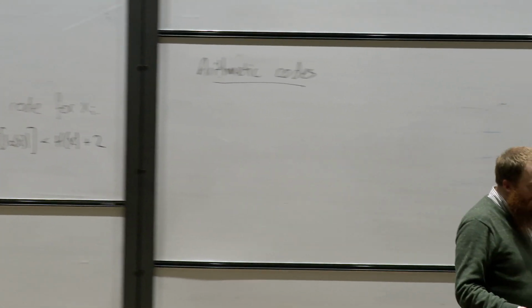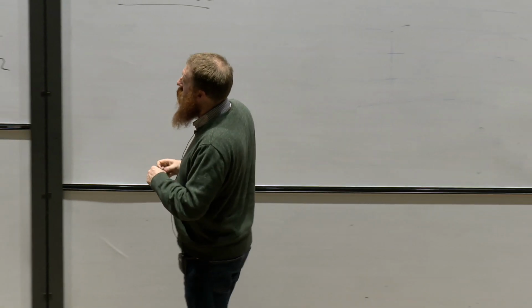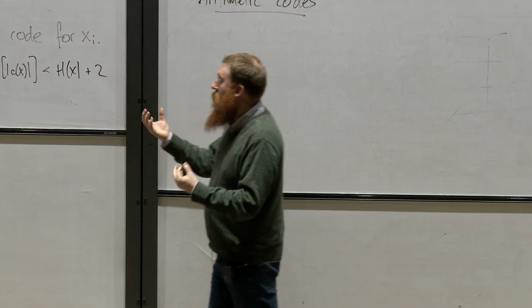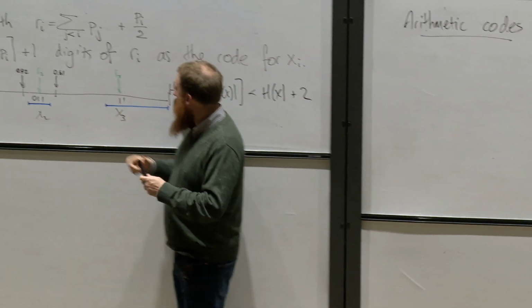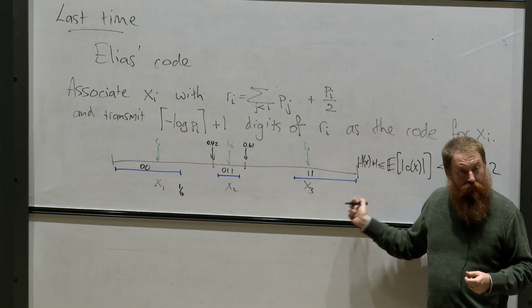But there's a more fun way to see this. When I send a sequence, I'm identifying a point in space. In fact, you can think I'm identifying an interval in space.